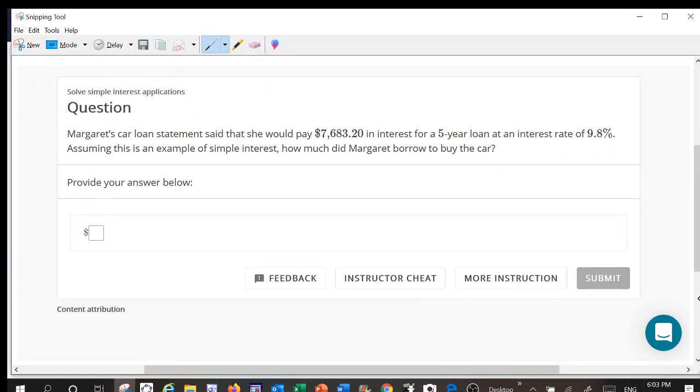is when we have a principal amount and then we add to it some interest. Now, the interest is given by, well, we have a rate per year. So this is rate per year.